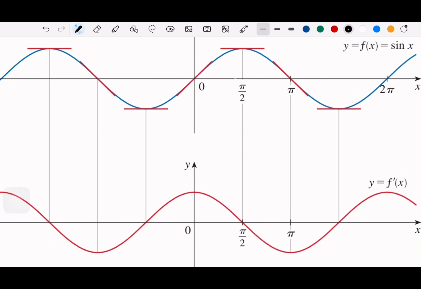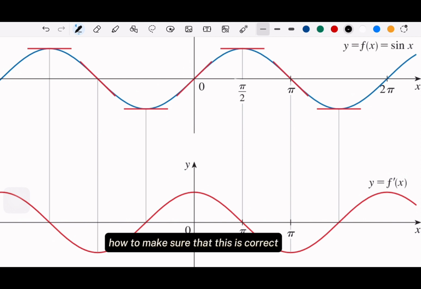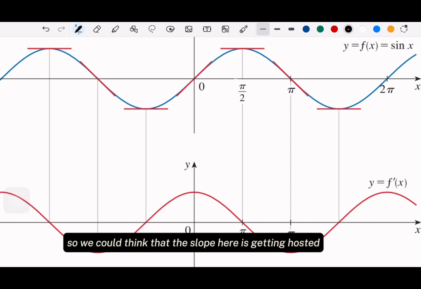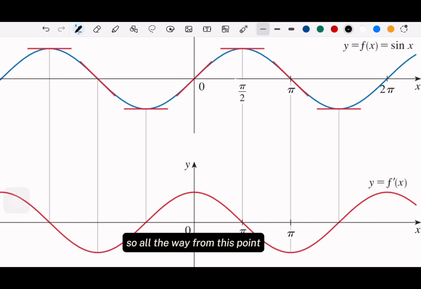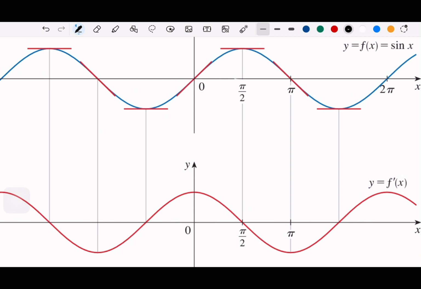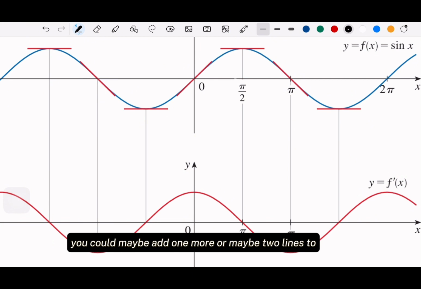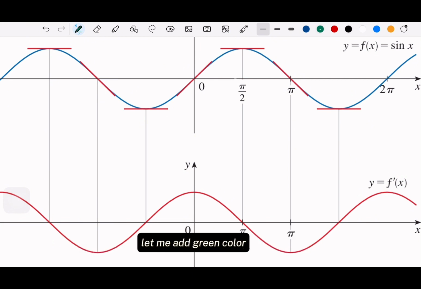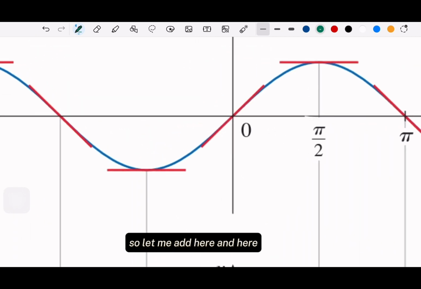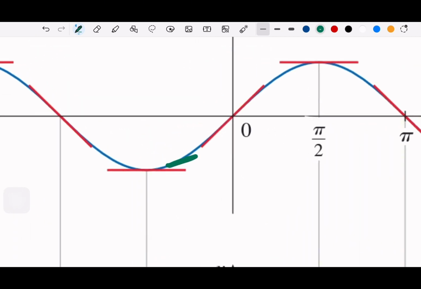Now, how do we make sure that this is correct? We could think that the slope here is getting positive. All the way from negative pi over 2 until pi over 2, it's positive. But how positive? Let me add one more, or maybe 2 lines, to make it easy. Let me add green color, here and here.